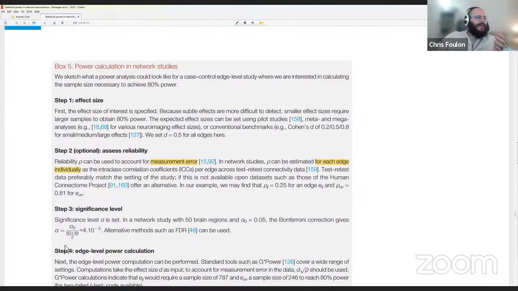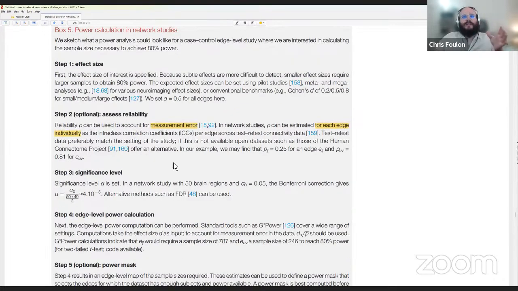And what is interesting, I find, is that they give a little cheat sheet to calculate the statistical power of your studies and estimate these different factors. They give several different steps to estimate the different factors that can affect the statistical power.